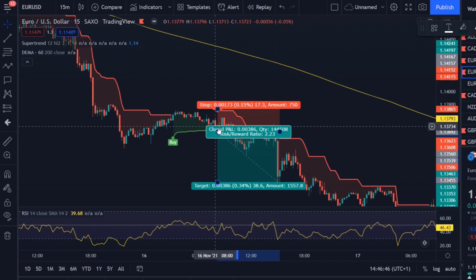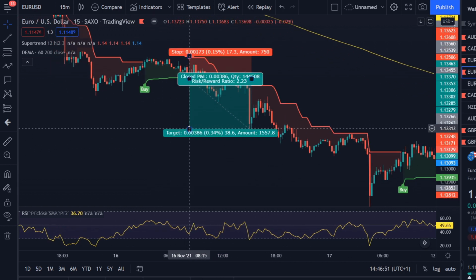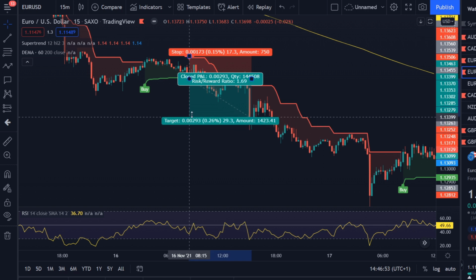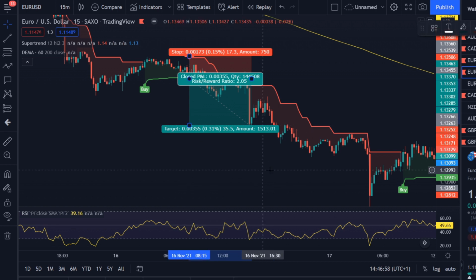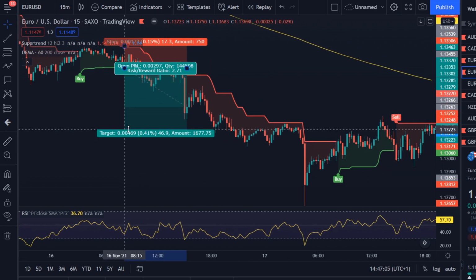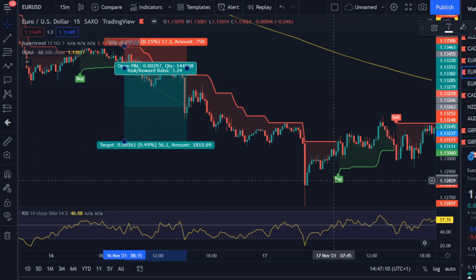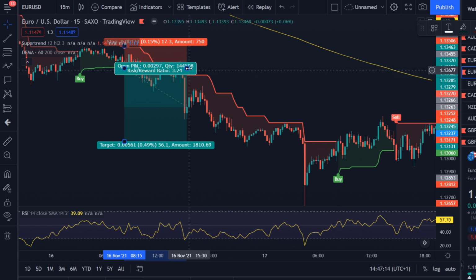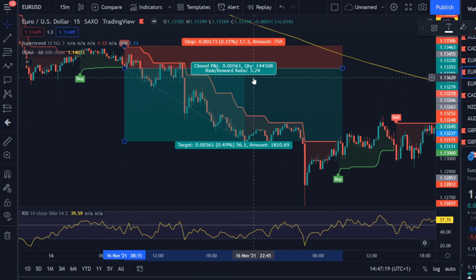And the thing about this strategy is that of course you can use a strict 1-to-1 or a 2-to-1 risk reward ratio, but if you really want to take advantage of big trends, you can just let it run until we see the opposite signal, which is the buy signal over here, which resulted over here in a 3.25 risk reward ratio.